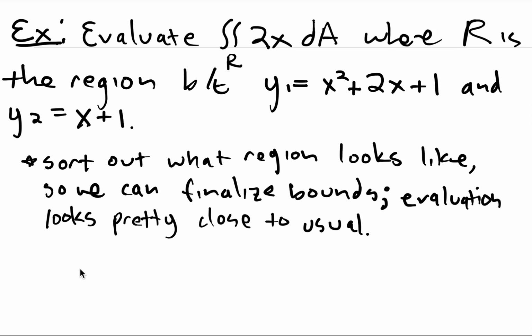Okay? So, let's go. If I wanted to figure out what's going on with my region, one of the things that I can go ahead and do is try to graph this, right? So, if you have a graphing calculator, you're welcome to go ahead and use it. If not, we could make the observation this does look like x plus 1 quantity squared.